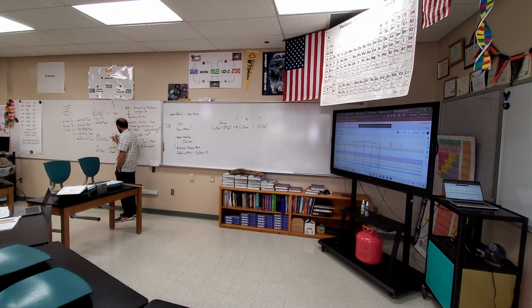Okay. Now we're dividing by a smaller number, so now it gets bigger. So we're either going to be 5 or over 5.